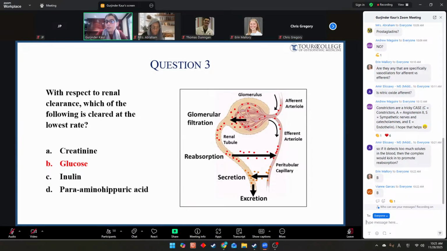Do you know the ranges? What is a normal range that will tell that the GFR value is in place? So creatinine is 0.7 to 1.2 or 1.3 as the normal range. Based on that, the GFR values are calculated. How about inulin? How is inulin cleared?